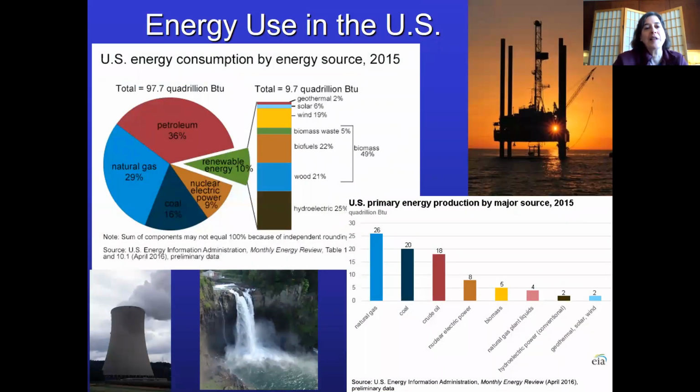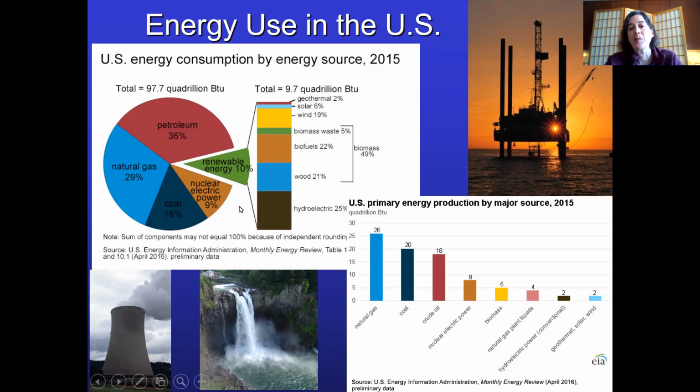All right, and then in the US, again, this slice of the pie is getting bigger, but as far as our uses, notice that coal is actually a much smaller piece of the pie now, and that is starting to go down. So we still use quite a lot of oil, otherwise known as petroleum, and natural gas. We have actually been increasing natural gas. That's one of the reasons why our coal use has been decreasing.